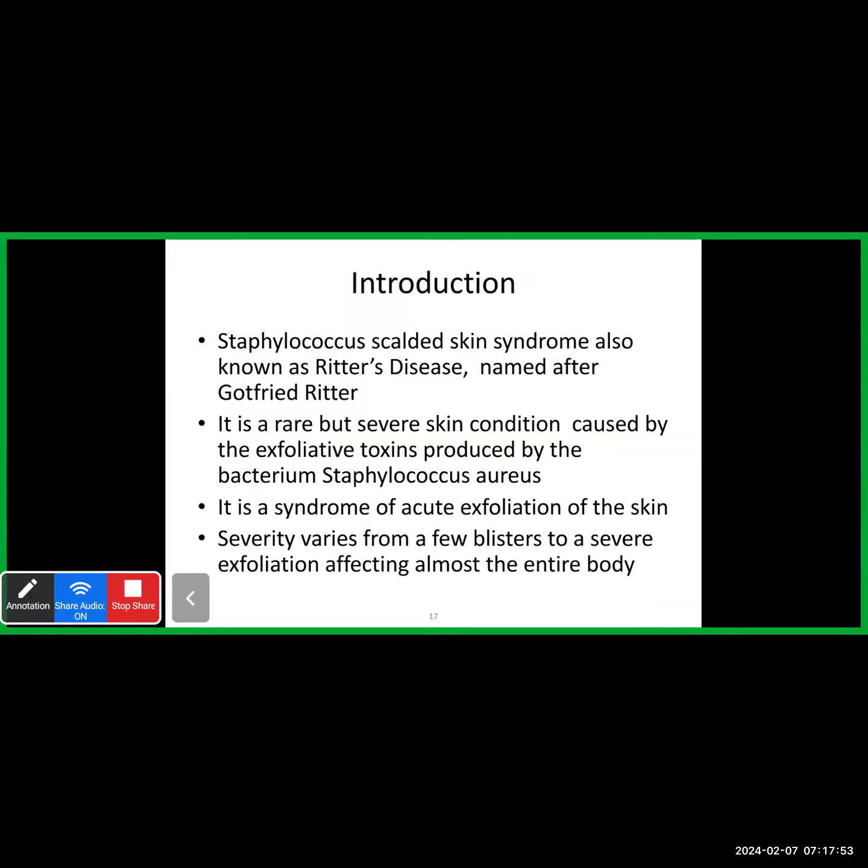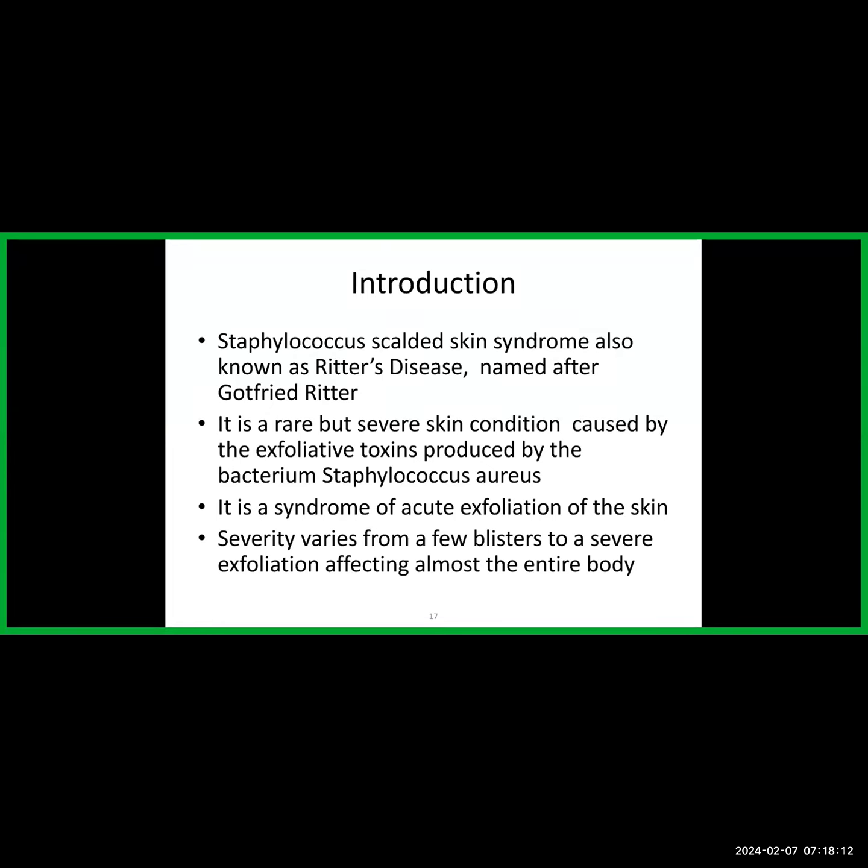So, by way of introduction, staphylococcal scalded skin syndrome is also known as Ritter's disease, named after Gottfried Ritter. It's a rare but severe skin condition caused by exfoliative toxins produced by the bacterium Staphylococcus aureus.